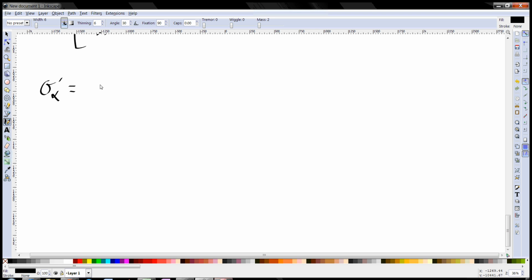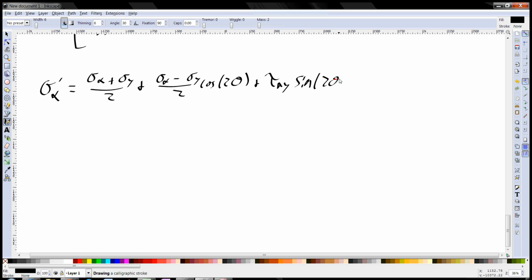And the equation for just that component is original stress in the x plus original stress in the y divided by 2, plus original stress in the x minus original stress in the y divided by 2, times the cosine of 2 times our rotational angle, plus the shear times the sine of 2 times our rotational angle. And that was what we were given in class.